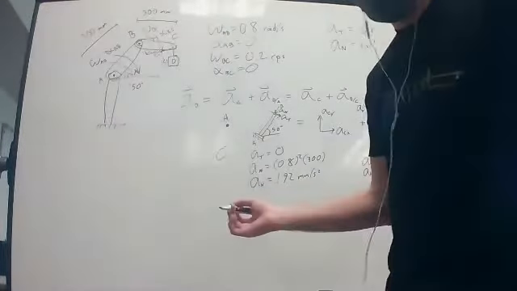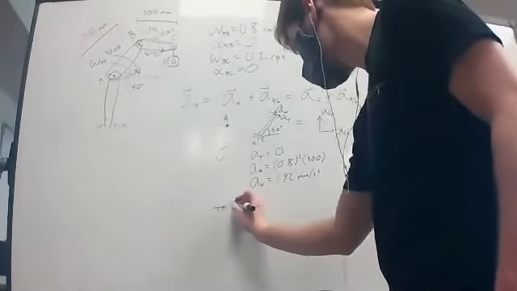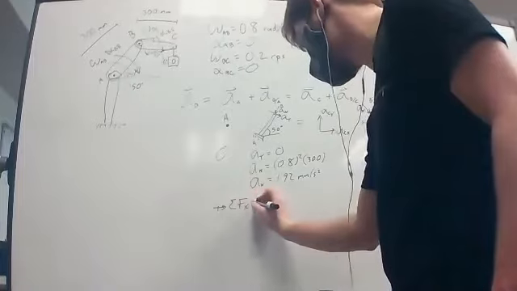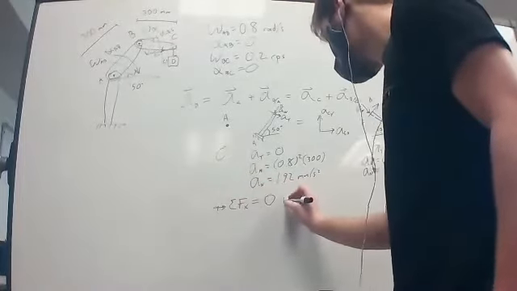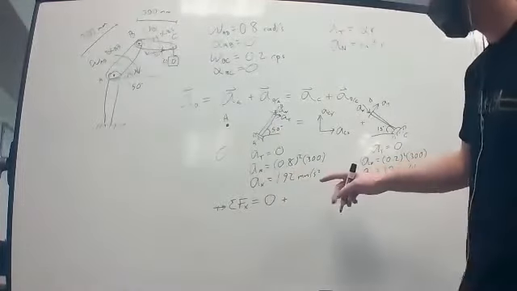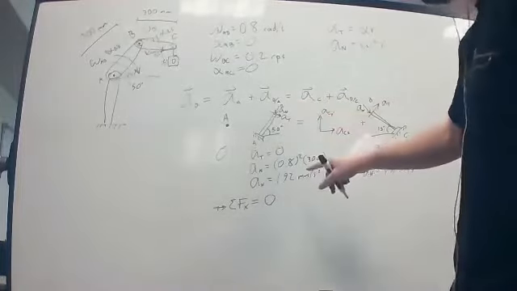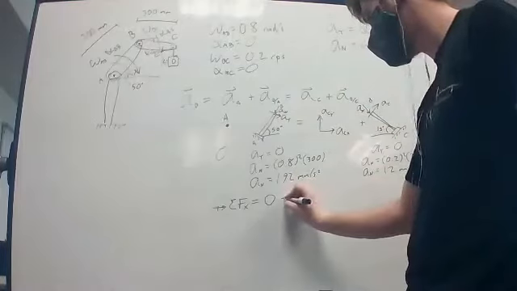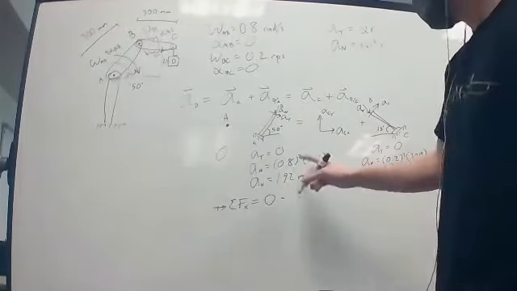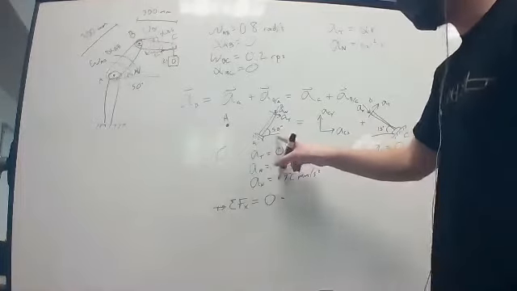So we would do some of the forces on Y, some of the forces on X. Some of the forces in X is going to be equal to 0 plus, we'll say minus because our AT value is 0 and our AN value is going down and to the left. So minus cosine of 50 degrees.